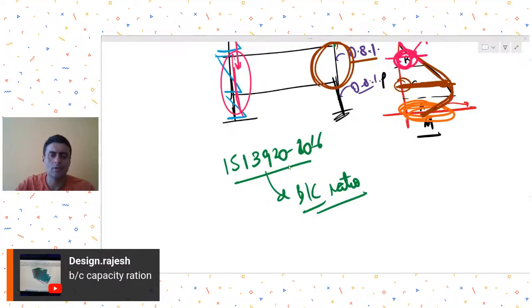Wherever ductile design detailing is to be done for your RCC structure as per 13920, you have to include the beam column capacity ratio check. You refer to this 13920 2016 and you will get the procedure, and ETABS and STAAD are both able to do these calculations pretty well. You can also make an Excel sheet automating these calculations.